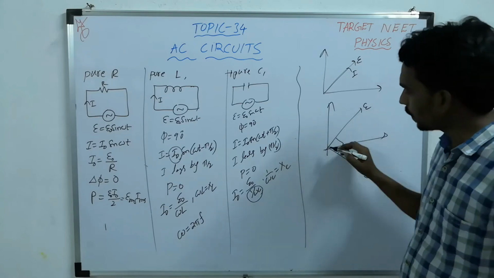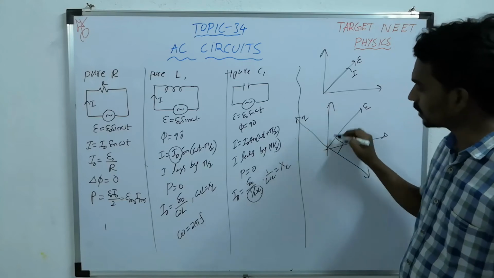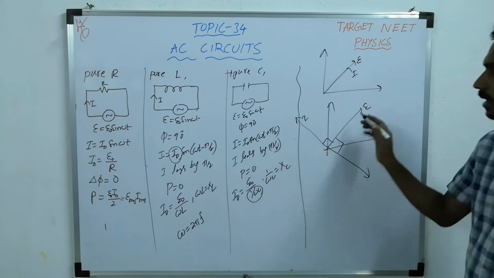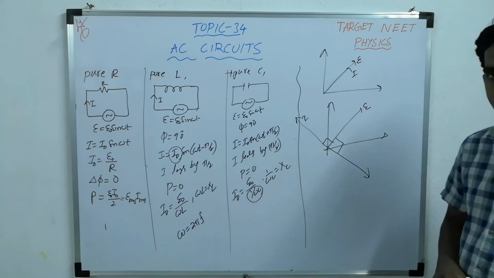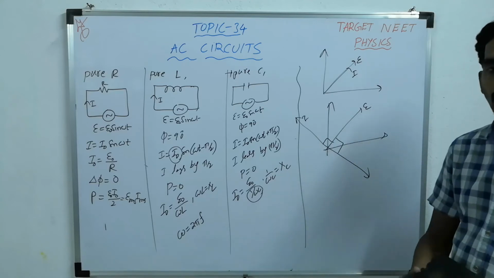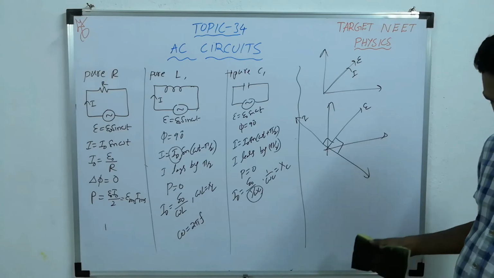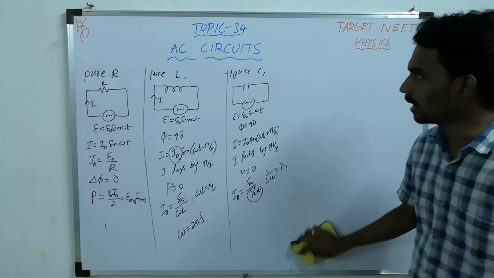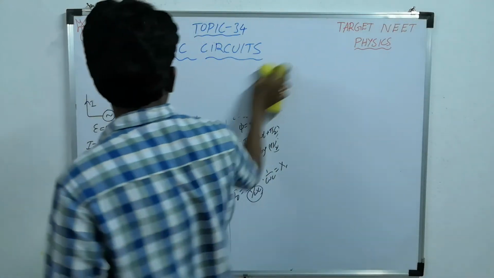But in the case of a capacitor, the current is this one, because current leads voltage by 90. You can represent them as vectors, and this representation is called a phasor diagram. Based on this phasor diagram representation, you will understand the other circuits.